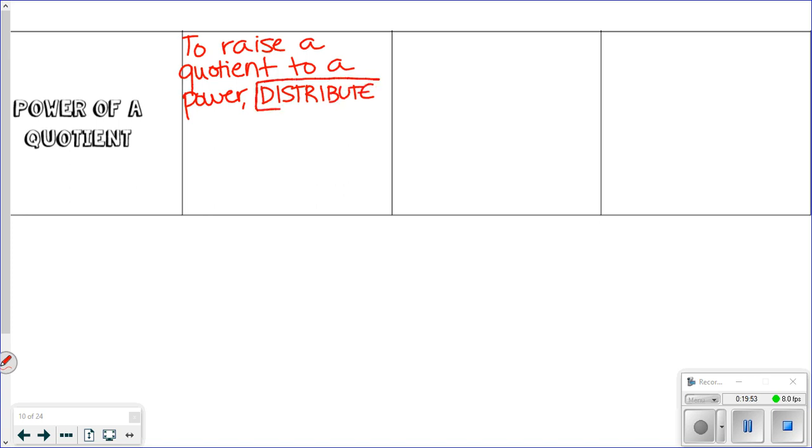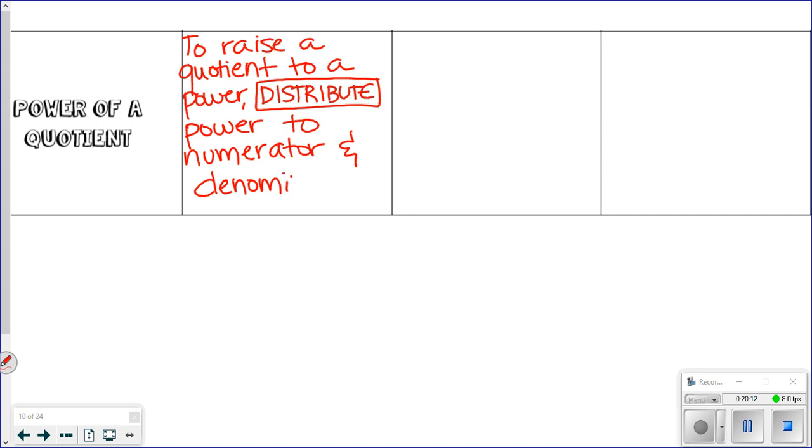To raise a quotient to a power, we distribute the power to the numerator, which is the top of our fraction, and the denominator, which is the bottom of our fraction.